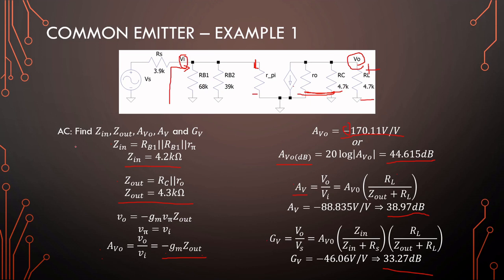Notes. For this common emitter amplifier, when our emitter resistor is bypassed, we will see R pi alone like this, which makes our input impedance dependent on R pi roughly, and R pi is temperature sensitive because R pi is beta over GM and GM is IC over VT.